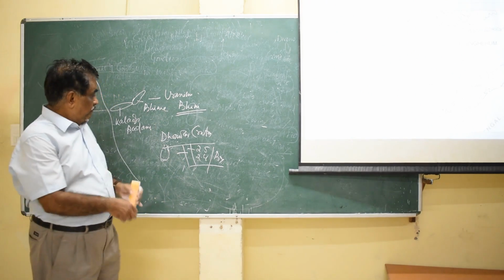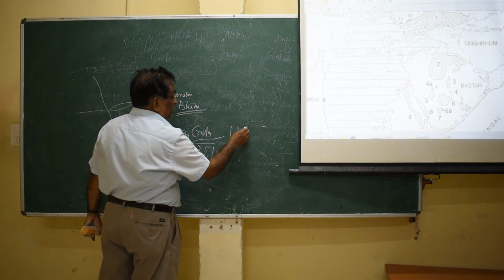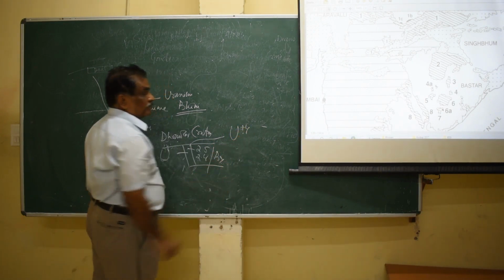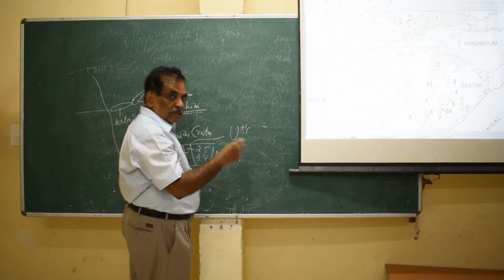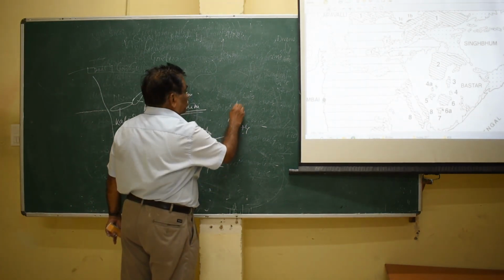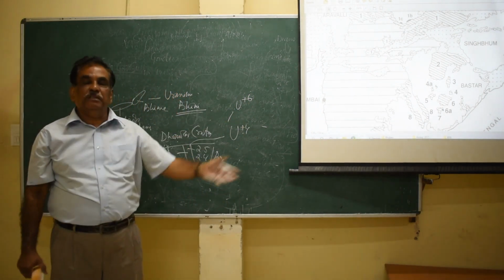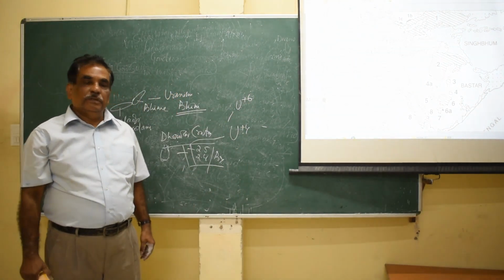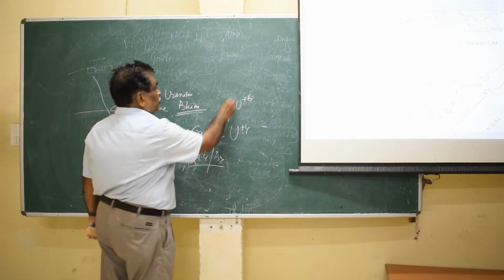So this uranium in granite is in the U4 form. Then because of groundwater action, this goes to U6. So U6 is transported in the water medium and comes to the basin. Then it converts to U4.